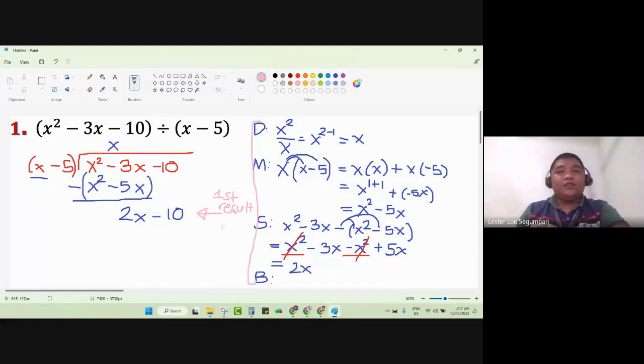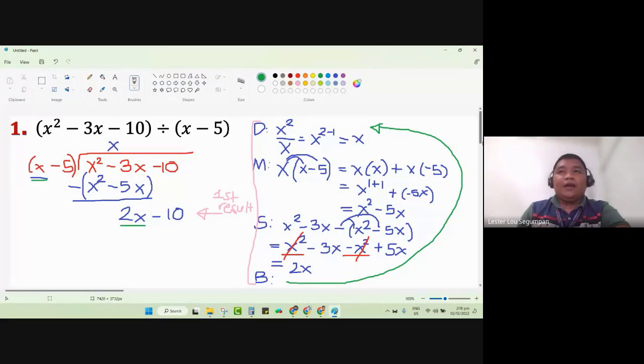But this first result is not yet over since this can still be divided with x. When can we say that we are going to end our steps? We are going to end our steps if, after repeating the process, the first term can no longer be divided with this term.